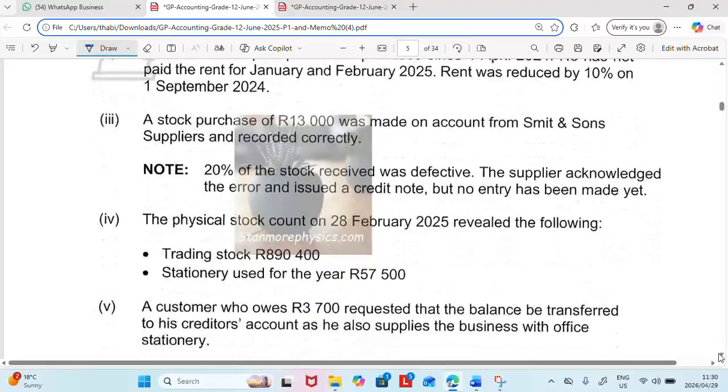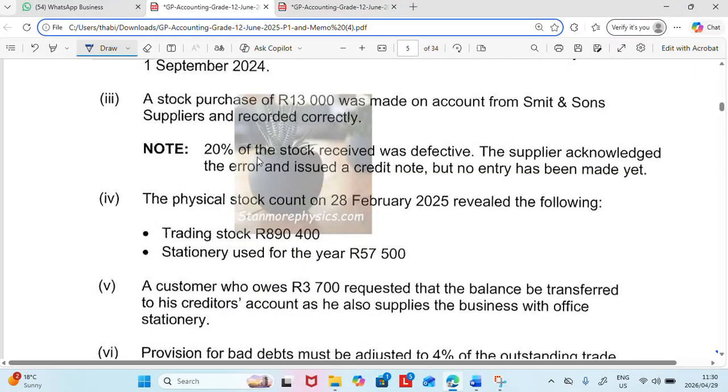Let's check the adjustment. On the adjustment, guys, I did check this question paper. Obviously, I'm trying to save time as well. Here where I'm writing NP, the physical stock count on the 28th of February revealed the following. The physical stock count is revealing that we have trading stock of how much? 890,400.